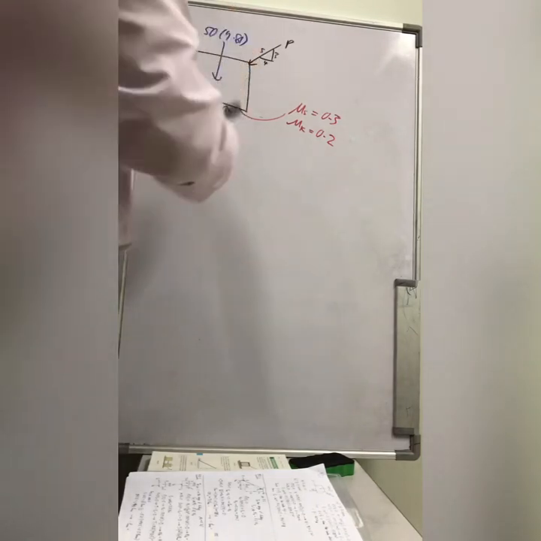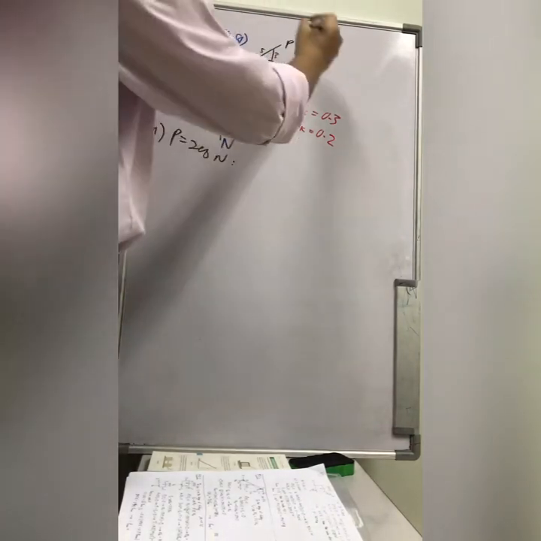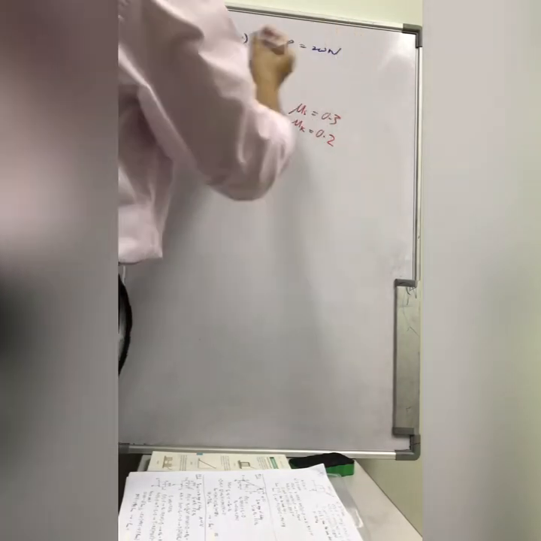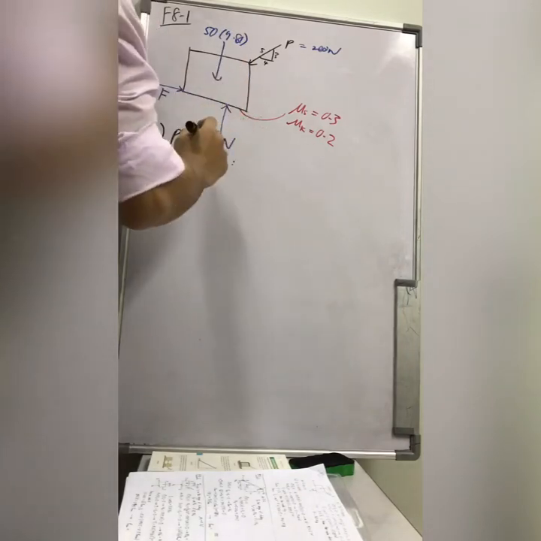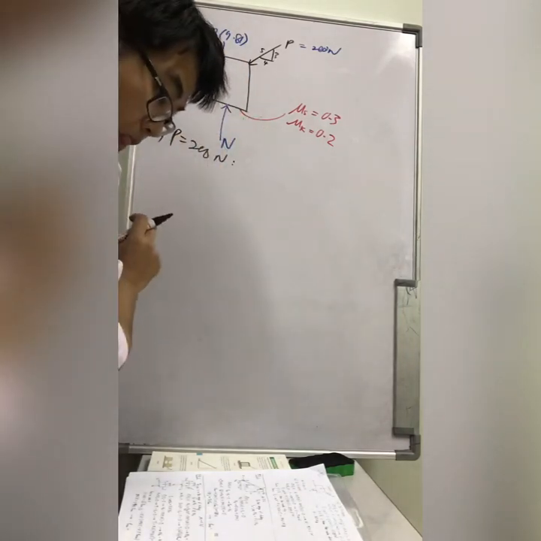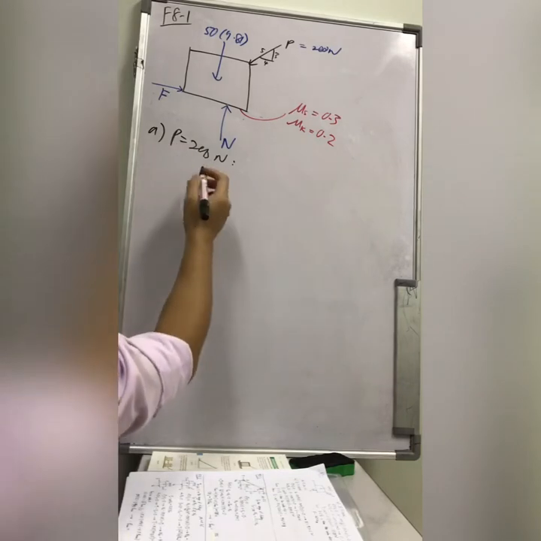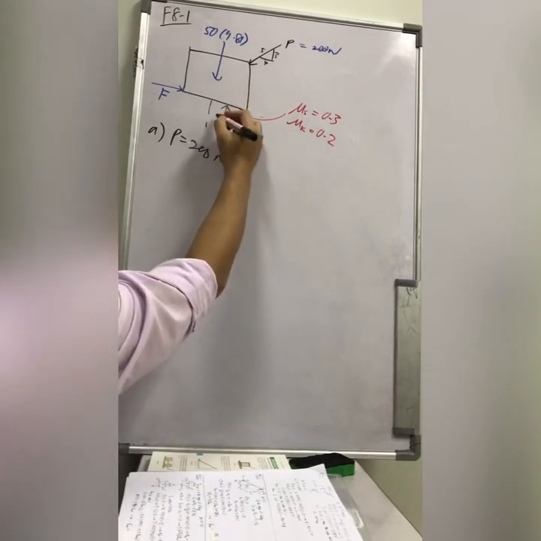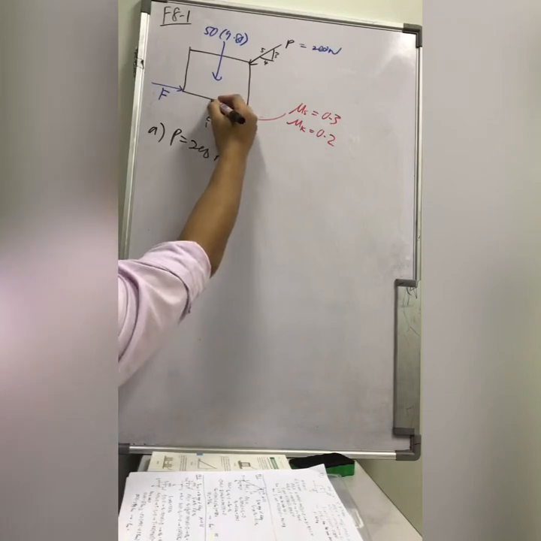In this first case, P is 200 Newton. Of course we have this x as well, the distance between the end and the center, and this is the point O.